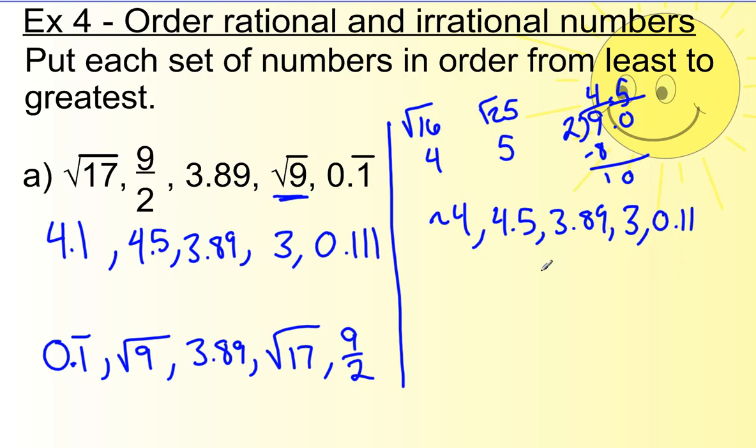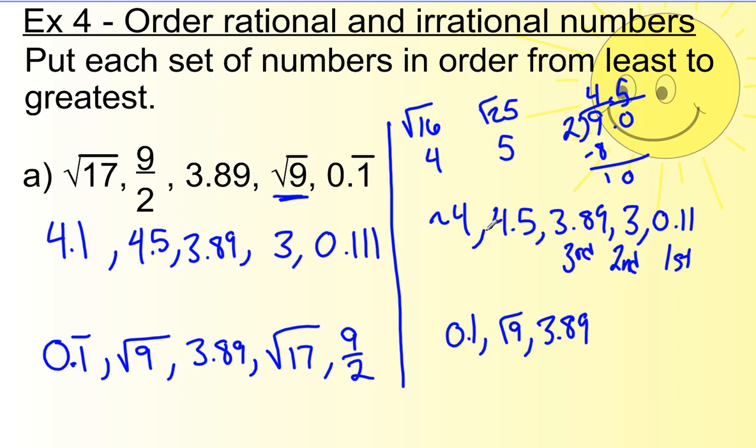So now out of this, you'd get the exact same order. I would still say the smallest is 0.1, followed by the 3, which was the square root of 9. So first, second, this would be third, the 3.89.